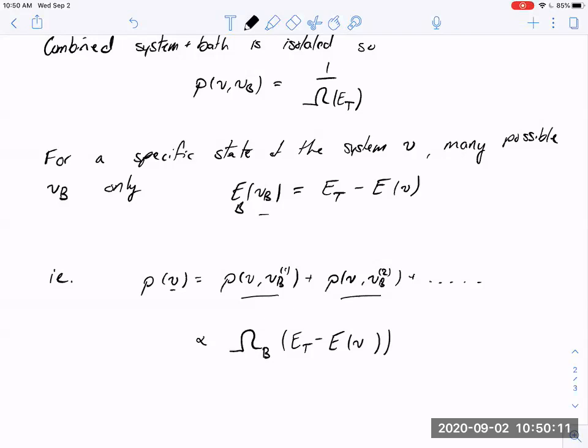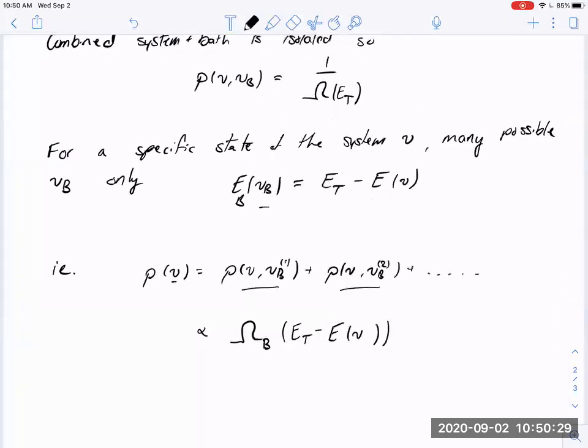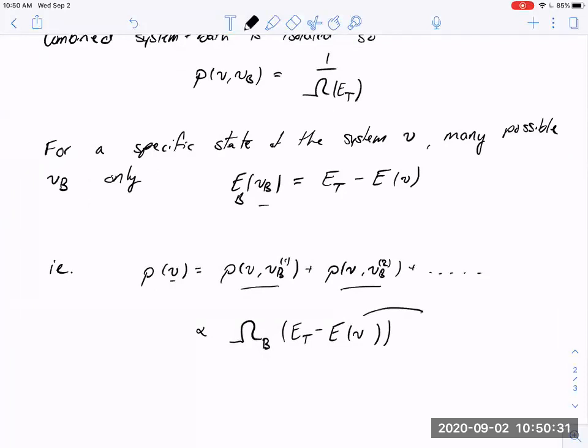Now, we are free to construct this world as we see fit. So we will take a case where the system is really small and the bath that it is embedded in is really large, such that if energies are extensive, that component to the total energy, due to just the system, is small.